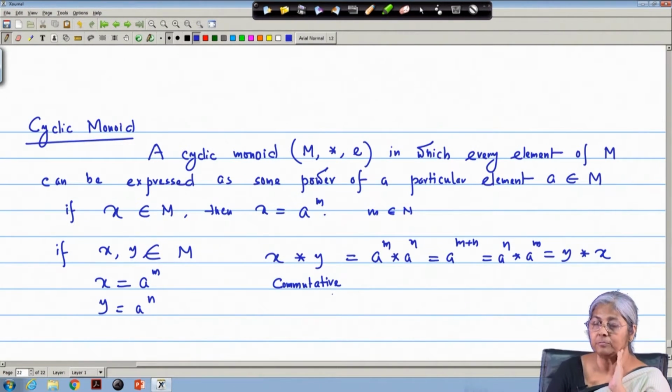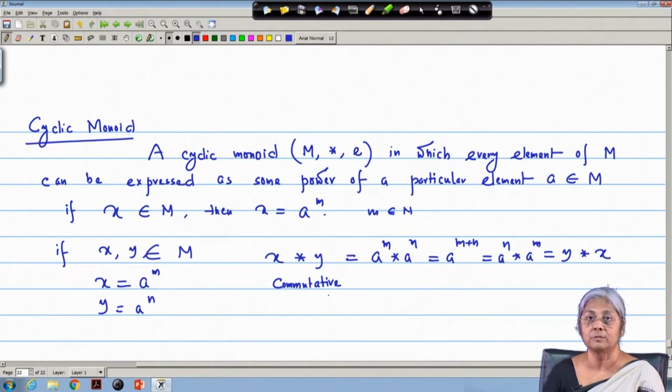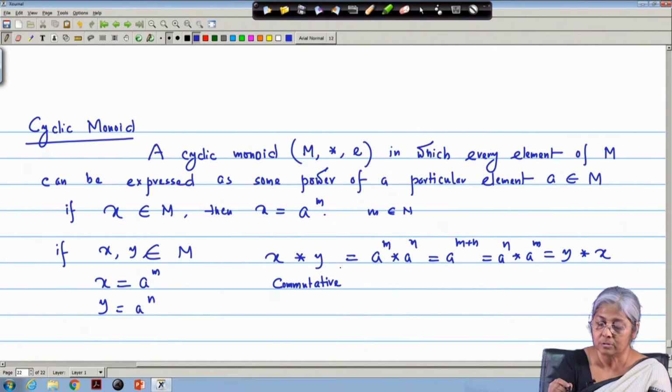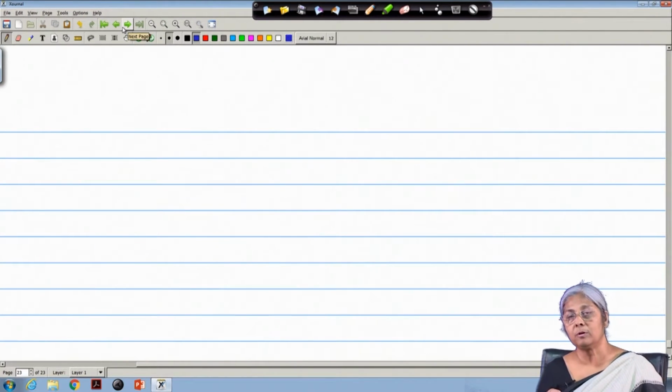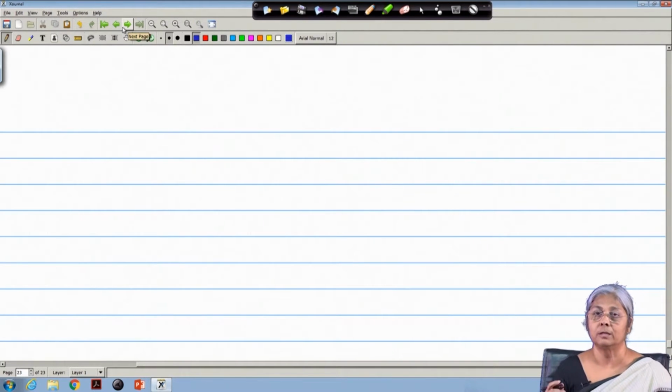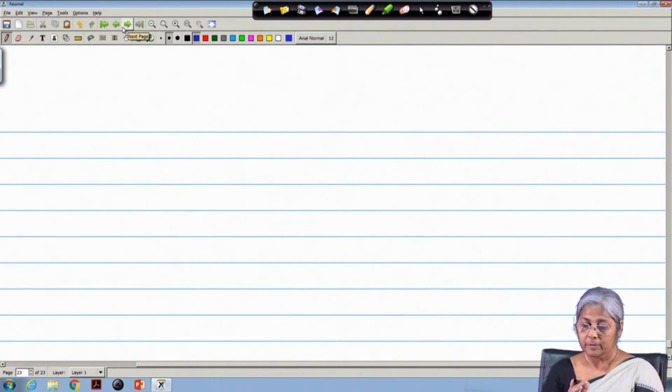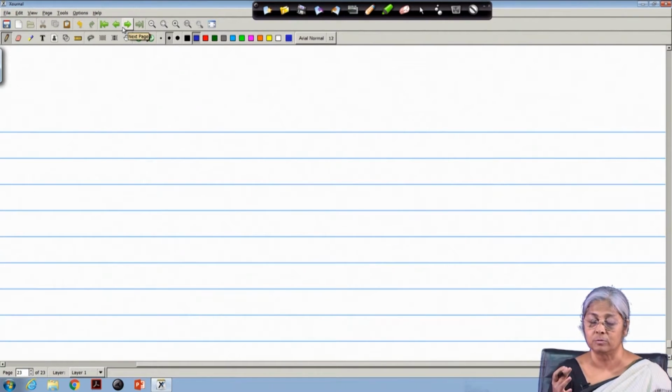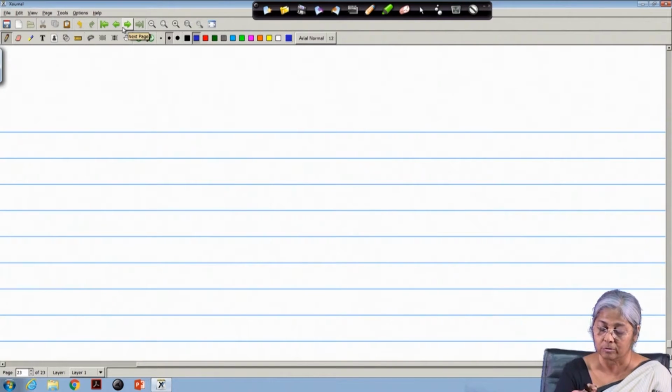In real life there are many applications in algebra that satisfy this property of a cyclic monoid. One example is the modulo operation, which is very popular in many application areas like coding theory and cryptography. Any system under this modulo operation becomes an algebraic system like a cyclic monoid. We take one example of that.